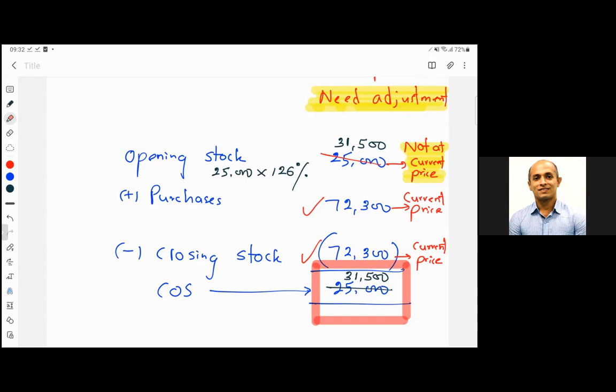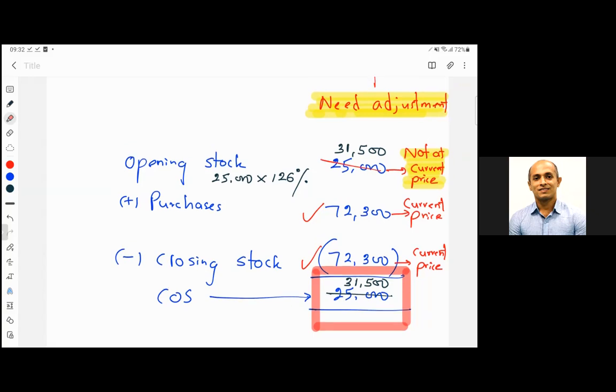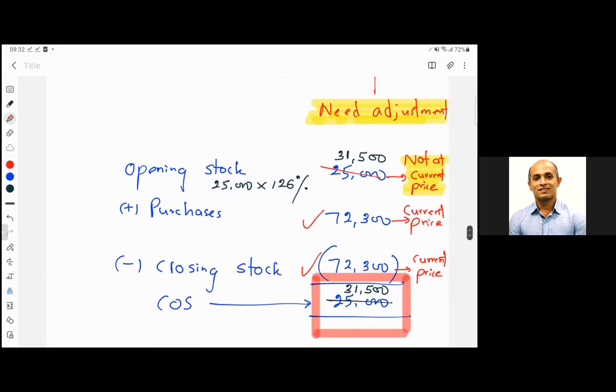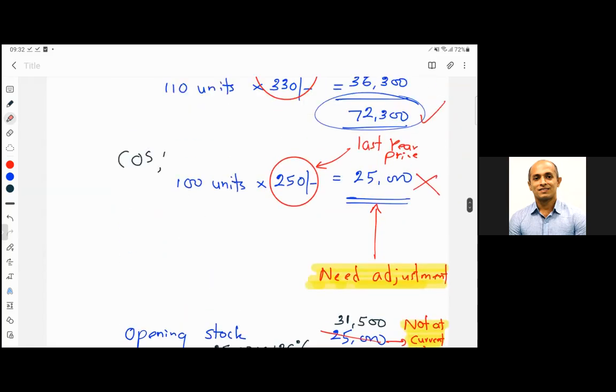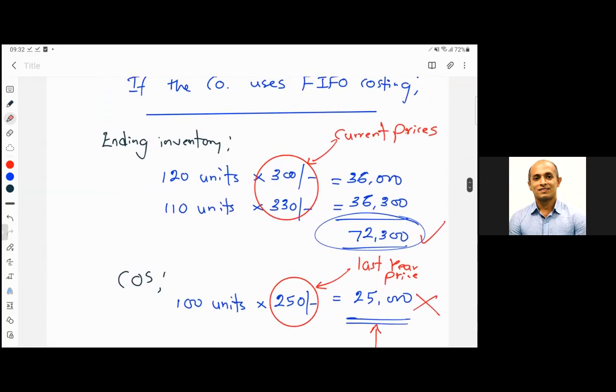Right. Then you have a cost of sales at current cost. So after adjusting, you have cost of sales at current cost, inventory at current cost, then these two values are suitable for the analysis.